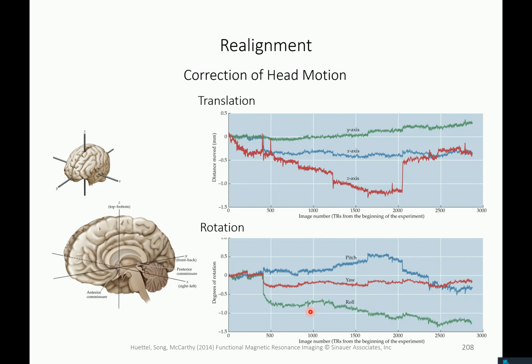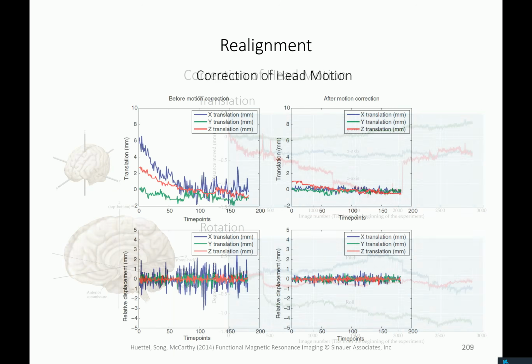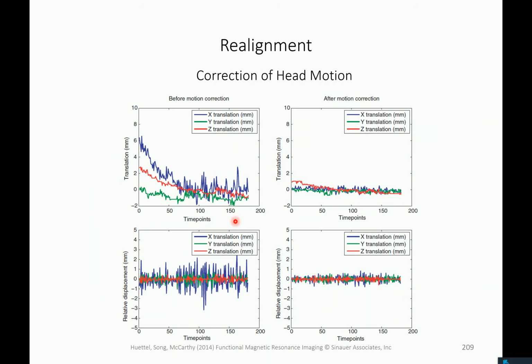These parameters then are applied during the reslicing, and this shows what the result is, for example, for translation. So before motion correction, so before essentially reslicing the images, these were the parameters.